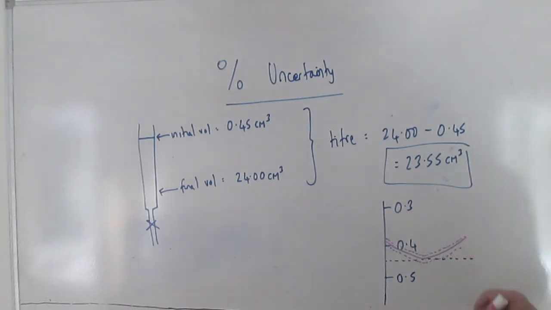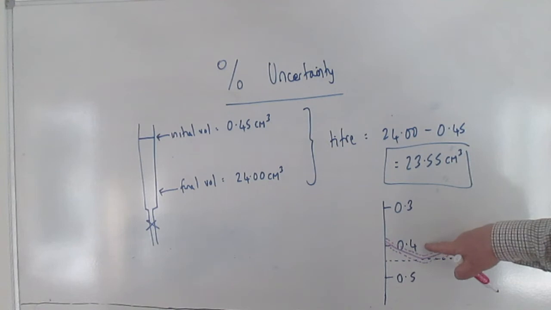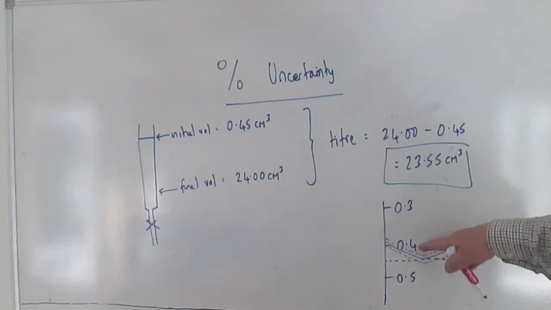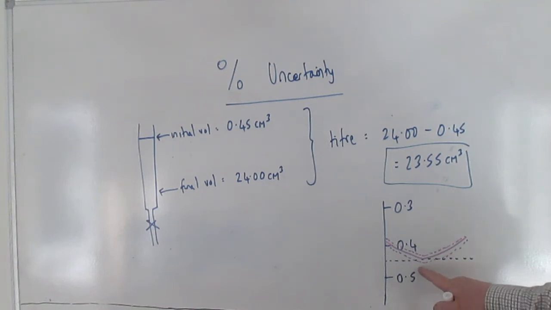Or that. And we would still have listed it as 0.45. And just like we said with the balance, we can put a limit on what the percentage uncertainty would be based on that, because you can see anything bigger than 0.425 would round up to 0.45, or anything less than 0.475 would round down.